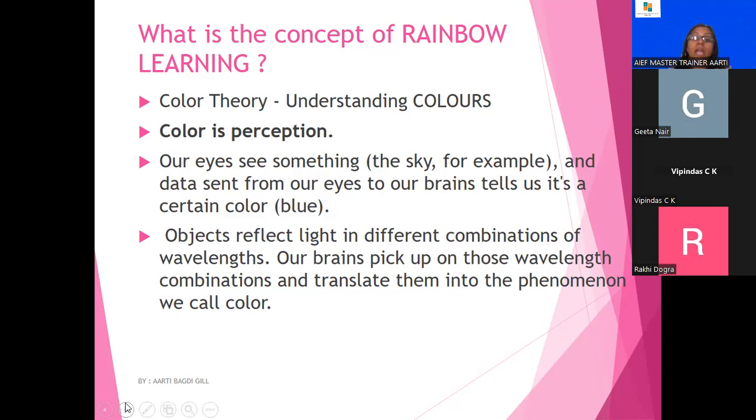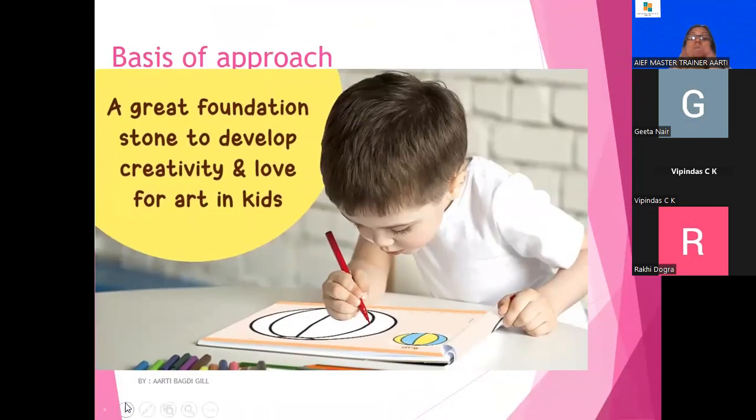So here we are not talking about the neurons. We are talking about colors in relation with the neurons. Transmitting the signal is the work of the brain cells, but here it is on the basis of colors. Colors have different psychology. We read the psychology of the child with this, and understanding the perception of the child is the basis of the whole webinar.